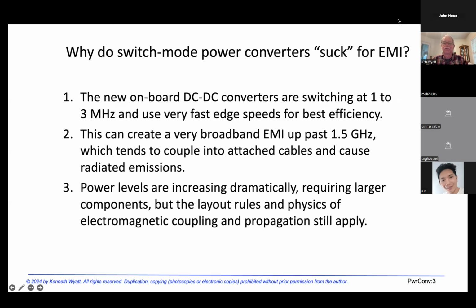I'll show you some examples where I've measured this broadband EMI all the way out to 1.5 gigahertz. And this energy tends to couple to cables and even within your board through capacitive or inductive coupling.